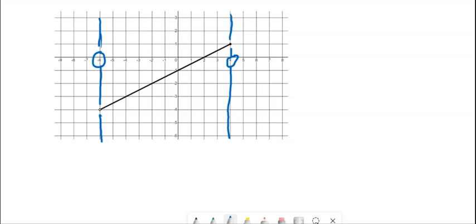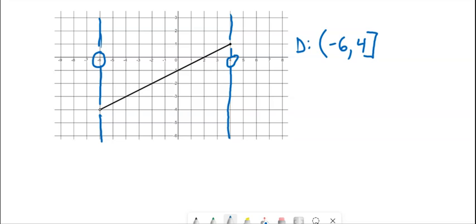But look here, on this side the circle is a closed circle. So we're going to do a bracket on the right side, not a parenthesis. The domain is going to be parenthesis -6 up to 4 bracket.